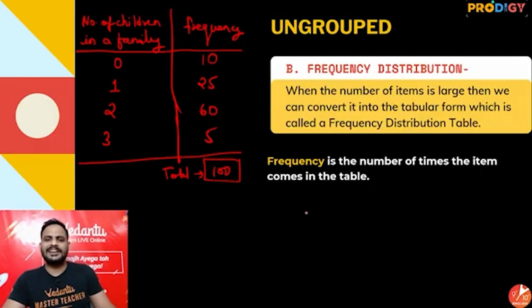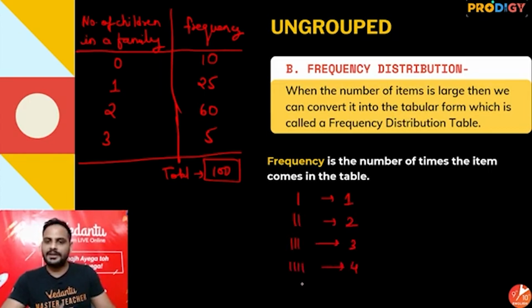We also use tally marks. Tally marks, all of you know. 1 is written like this. 2 is written as 2 sticks. 3, 4, and 5 is represented like this, with a cut across. If you want to write 6, so 1, 2, 3, 4, 5 and 6. 7 is 1, 2, 3, 4, 5, 6, 7.